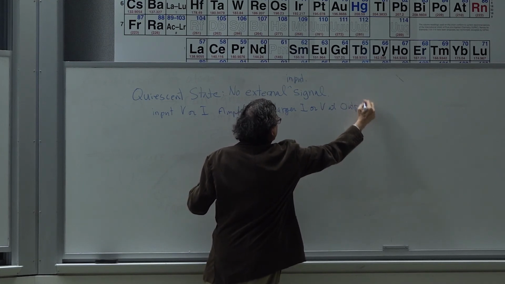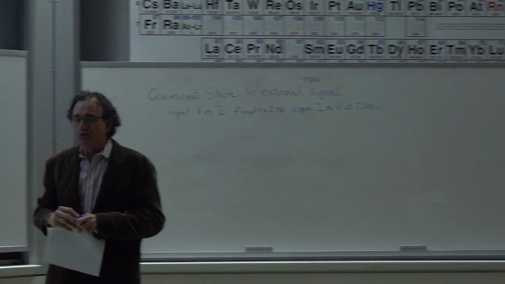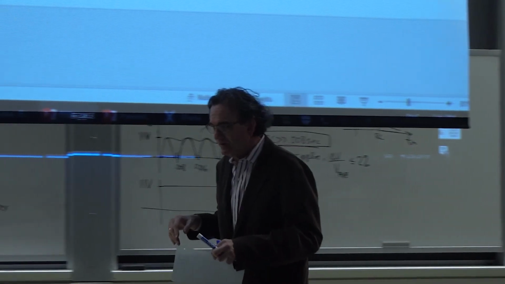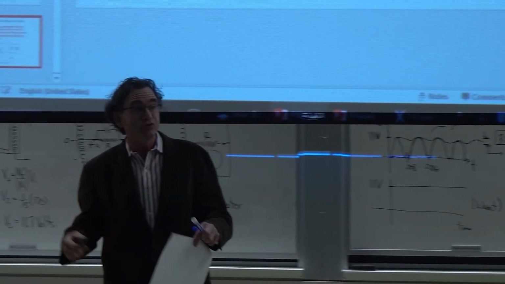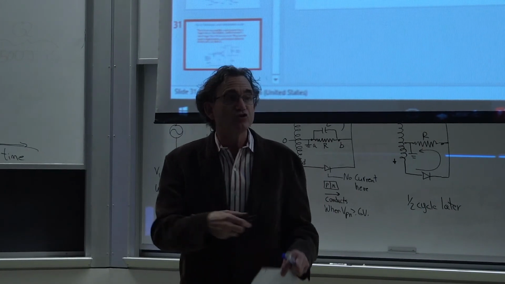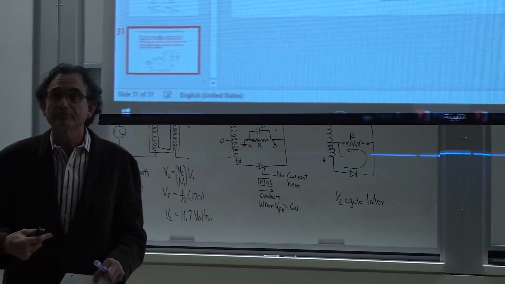That's what an amplifier does. It takes a small level signal and amplifies it into a big level signal. So that's the path we want to get to. That's the goal of the discussion: how do we show that this circuit is doing exactly what I've just written down.